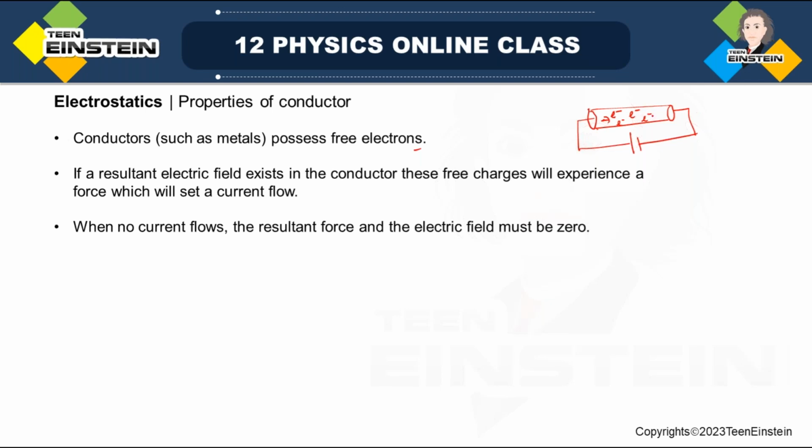In this sense, not accelerated, they will have drift motion. Upon applying an electric field, they will have drift motion or constant motion inside the conductor, and thus there will be a flow of current.